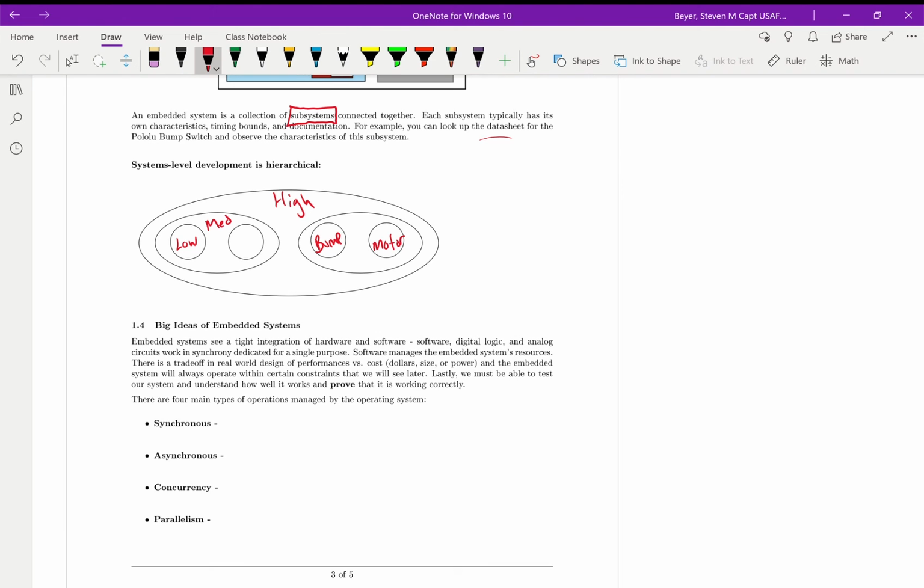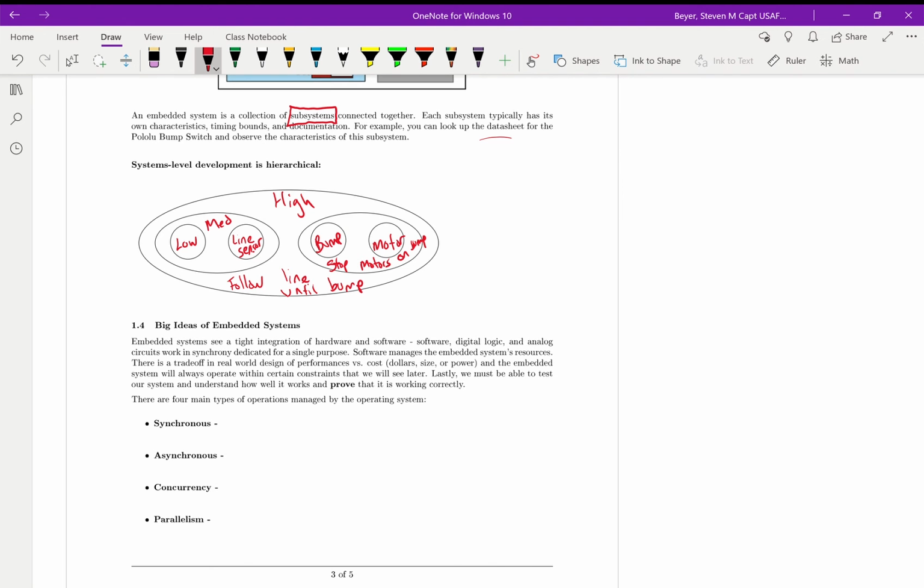Then we talk about medium level. Every time we get a bump, we could stop motors on bump. That's a medium level, system level design. And then our high level could be, say we have our line sensors over here as well, follow a line until bump and then stop. That is a higher level.